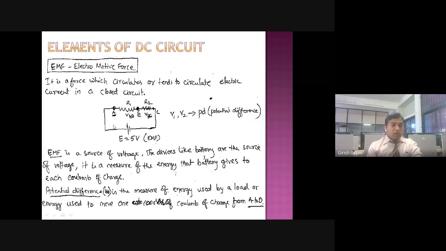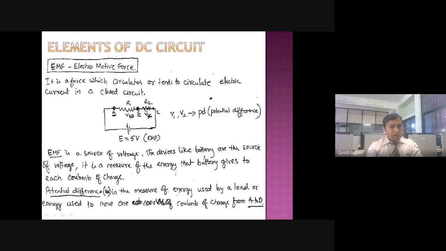Now, what is the voltage difference or the potential difference for the resistor R1? It is the potential at node A minus the potential at node B. If you say this is VA and this voltage is VB, the potential difference across resistor R1 is VA minus VB, or just VAB.